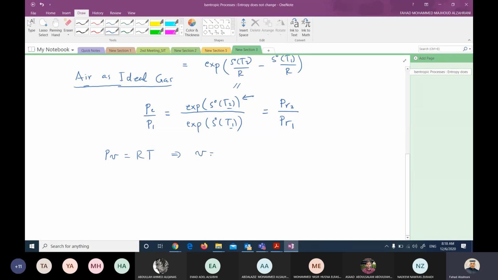And I can rewrite V as RT over P. So if we use that and write, for example, V2 over V1, which equals RT2 over P2 divided by V1, which is basically times P1 over RT1.